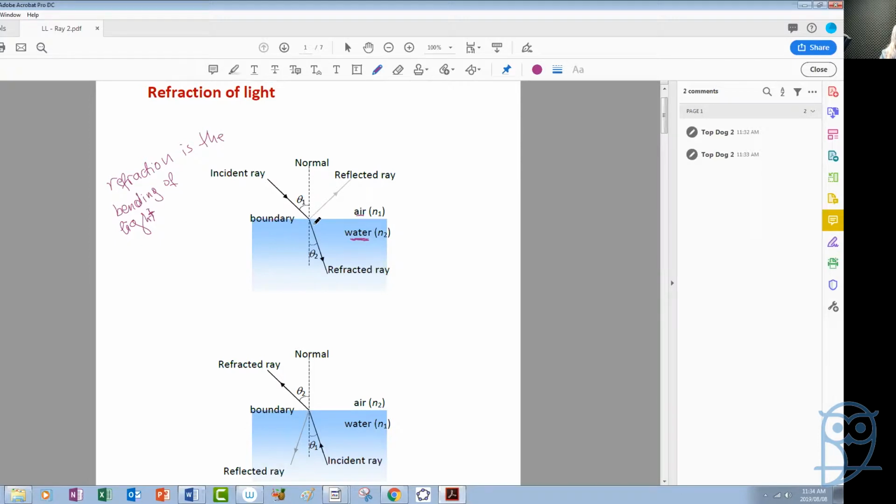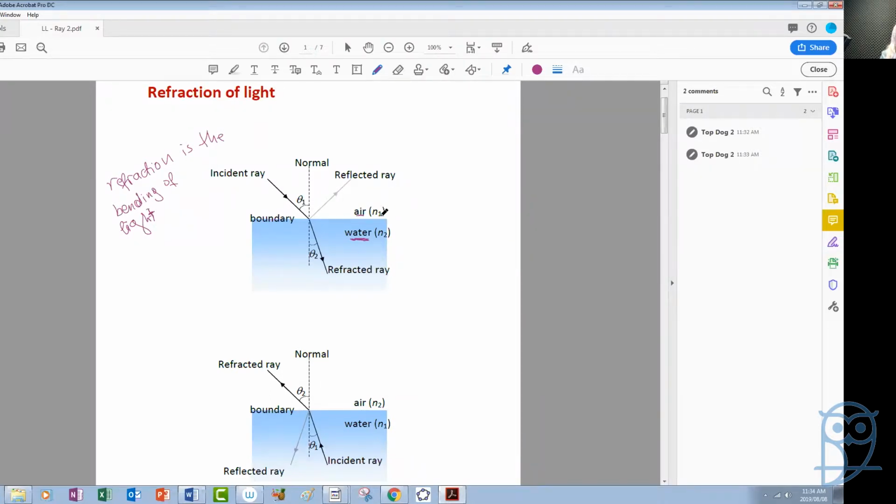Now to decide whether it bends towards or away from the normal after it enters the second medium, it has to do with the refractive indices of the two media. I don't know if you have gone so far in the book, which is chapter 13, I think, to know what the refractive index is, but we assume that you have, because we need to discuss the important aspects of this chapter.